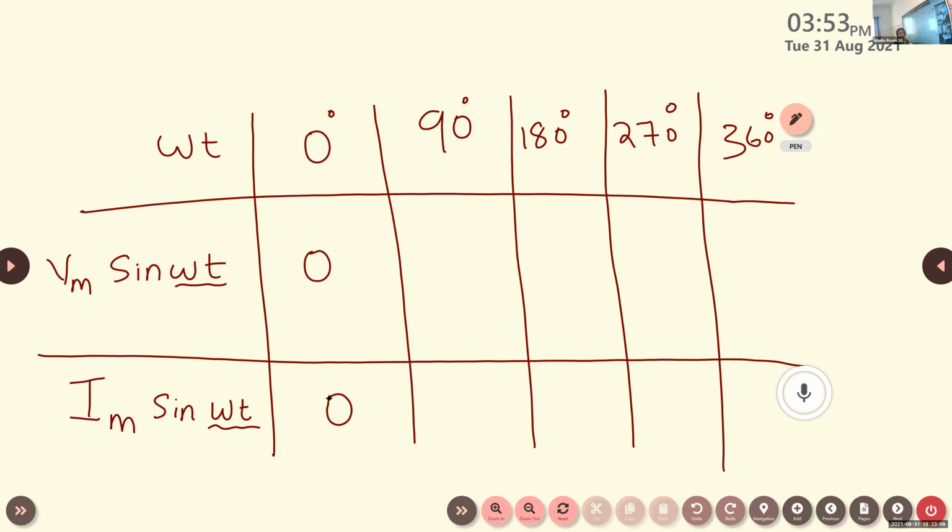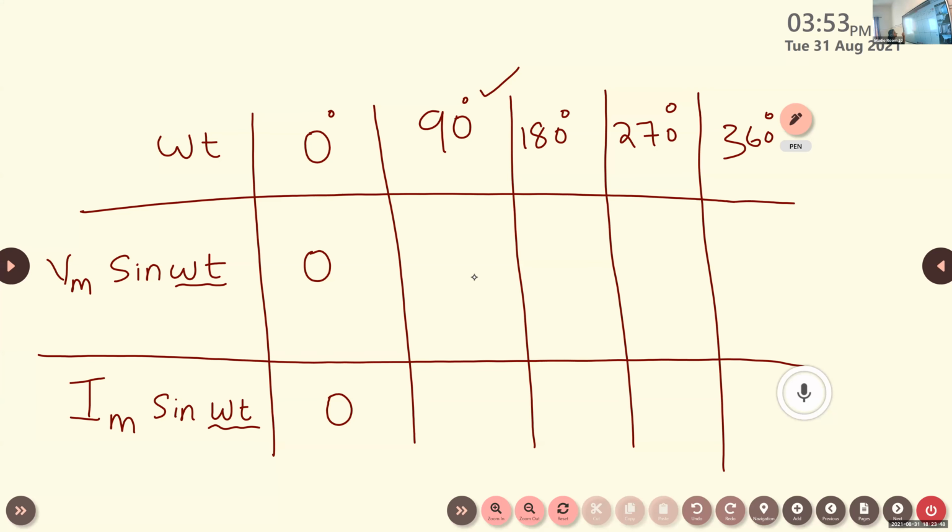Now 90 degree. The next phase angle is omega t equal to 90 degree. So here the alternating source of EMF, Vm sine omega t, with the second phase angle 90 degree, that is Vm sine 90. What is the value of sine 90? Sine 90 is equal to 1, right?